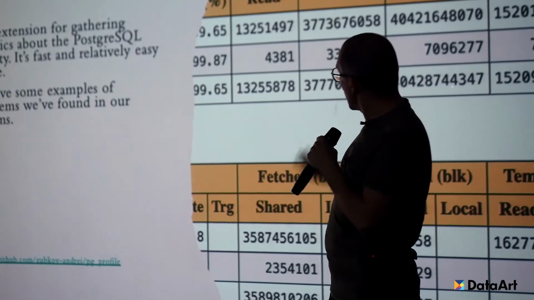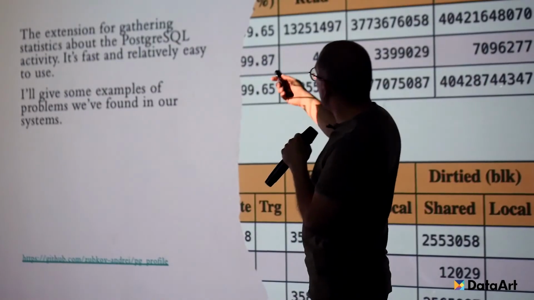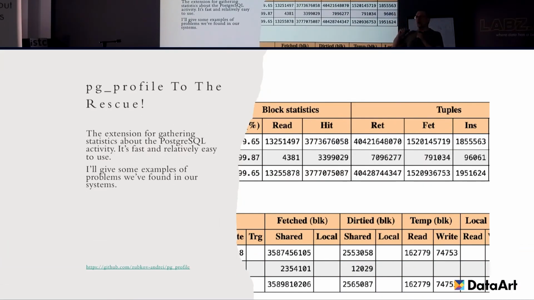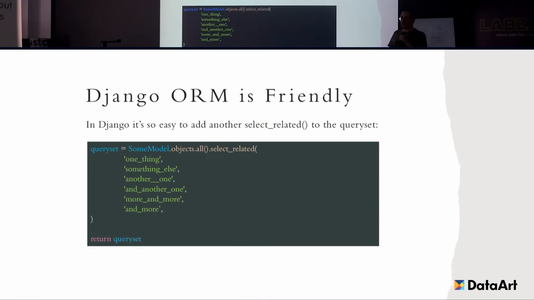database problems. So, long story short, first I want to show you how these reports look and what we have found in our queries. So, Django ORM. Do you use Django ORM? Yeah, we all love Django ORM in a way. It's user-friendly.